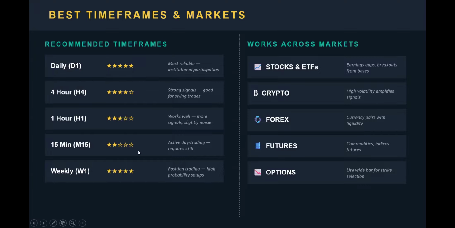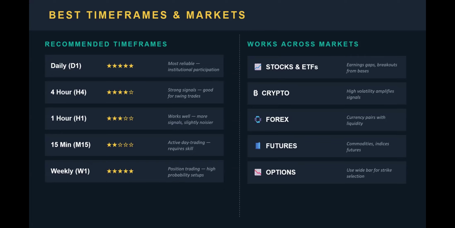Weekly time frame is for position trading, high probability setups. If you are a swing trader or a positional trader for 1 month, or sometimes positional for many months, then weekly time frame wide bars will work very well.